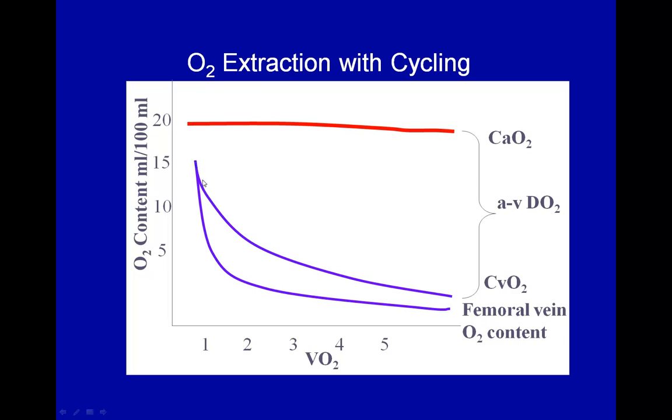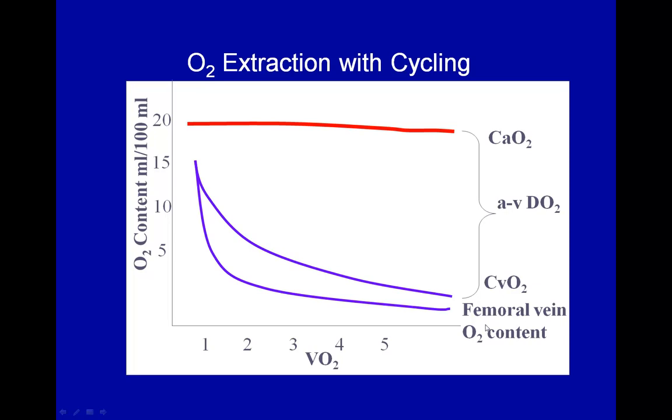With this high level of exercise, the harder we work, the more oxygen we extract, and the AVO2 difference increases dramatically. So if this value is 5, and this value for mixed venous oxygen is 3, we have an AVO2 difference of 17 milliliters of oxygen per 100 milliliters of blood in this research study.